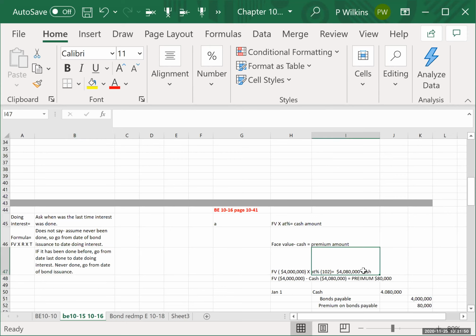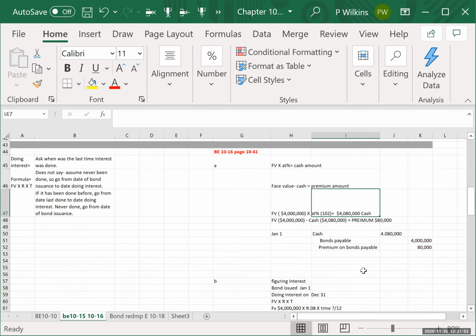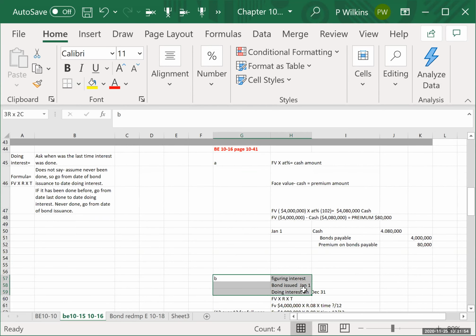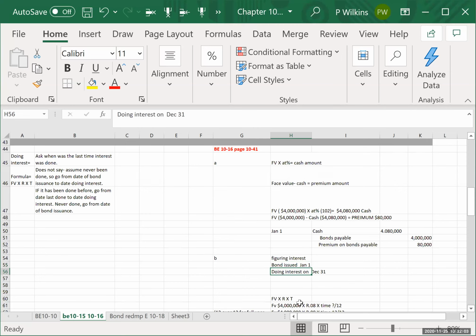Okay, so let's go down and do that then. Let's go to B. So how do we figure the bond interest? So first, the bond was issued on January 1. We're doing the interest on December 31. So we are doing the face value times rate times time. So our face value is $4 million. Our rate is 8%. And the time is something over 12, right?